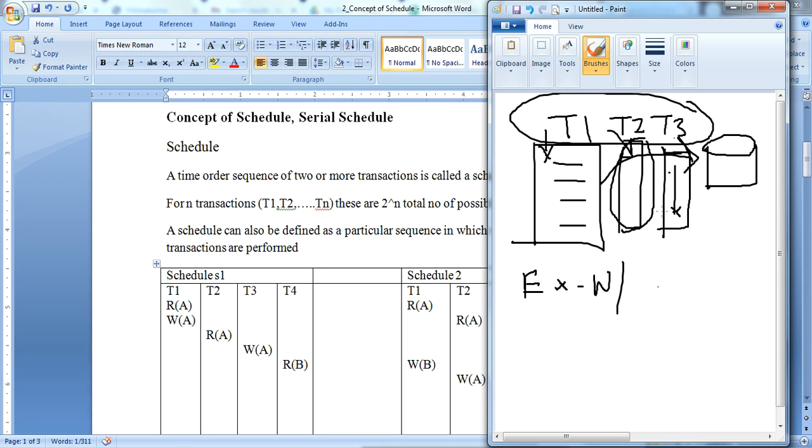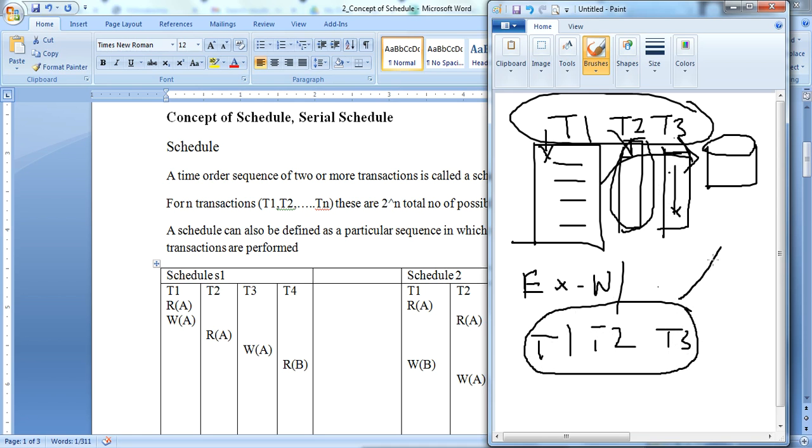We can say that is the schedule of the transactions. T1, T2, T3 combined execute something on the database, or under the application, and it affects the database. That's called the schedule, right?